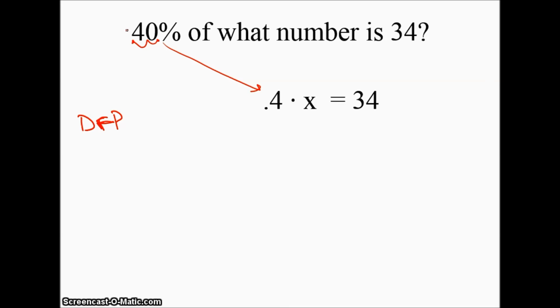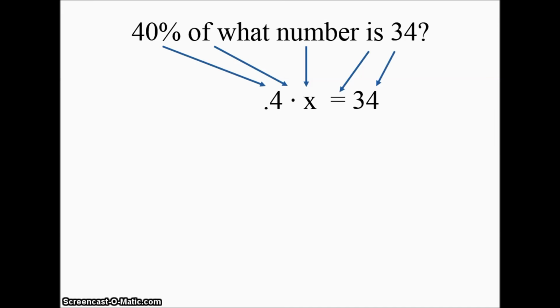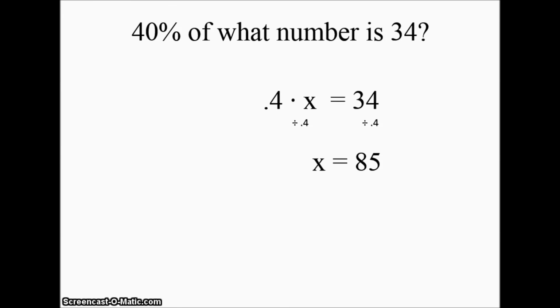So that gives me 4/10. Of means to multiply. What number? I don't know. Is means equals, 34. Now I've got a one-step multiplication problem, so I need to divide both sides by 4/10 to get x equals 85. So 40% of 85 is 34.